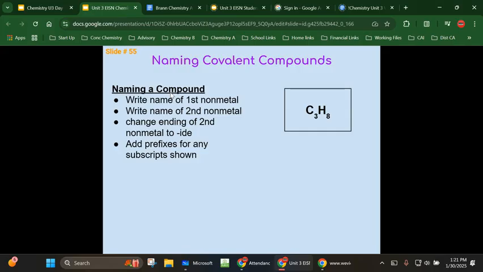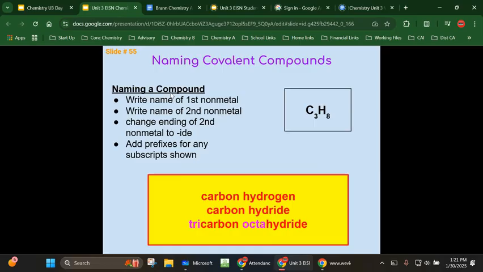Hydride is right, but what would happen if you accidentally put hydroxide? You accidentally named a polyatomic, that OH group that's on the back. So hydride is what it would be. So tricarbon octahydride, okay? Tricarbon octahydride. Questions?